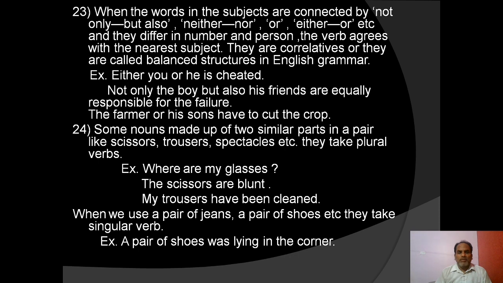My trousers have been cleaned. When you use a pair of jeans, a pair of shoes, etc., they take singular. For example, a pair of shoes was lying in the corner. Was, why? Because of the use of a pair of.